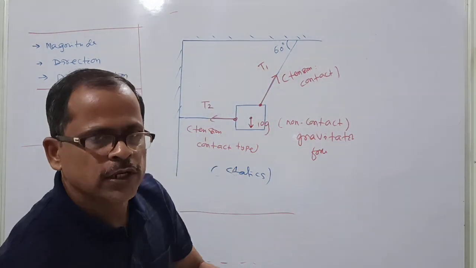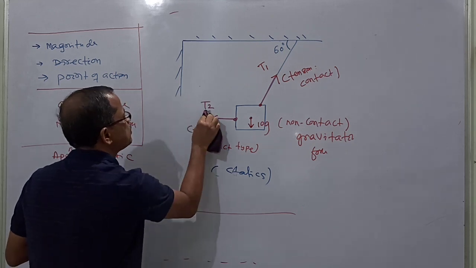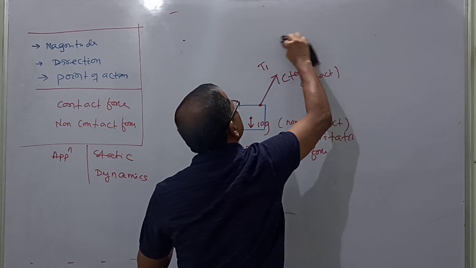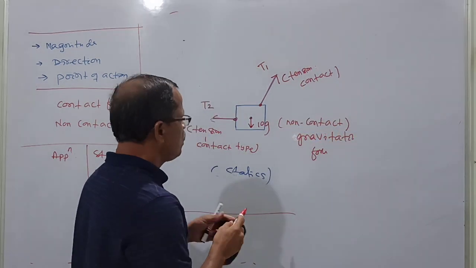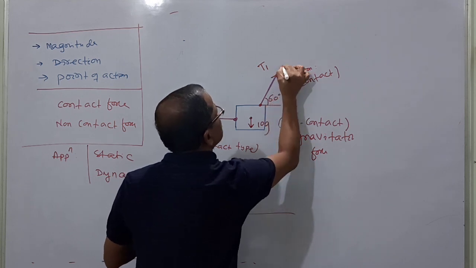After drawing everything, what will I be doing? I will be removing the wall on the left side, then removing the roof at the top. The only thing I will add is that this angle is 60 degrees, because it is given like this.